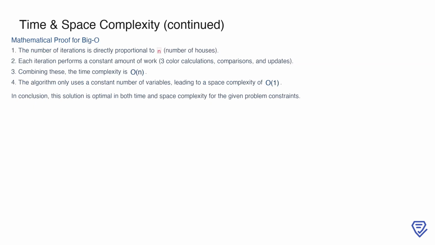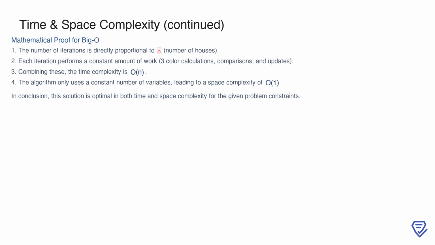To formally verify the time complexity is O(n), consider that the number of iterations is directly proportional to n, the number of houses. During each iteration, we perform a fixed amount of work, calculating costs for 3 colors, making comparisons, and updating variables. Since this work is constant and independent of n, the total time complexity scales linearly with the input size, resulting in O(n).